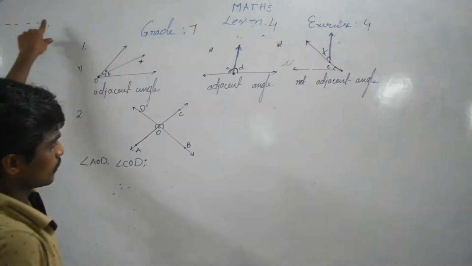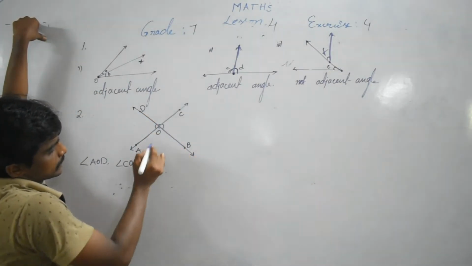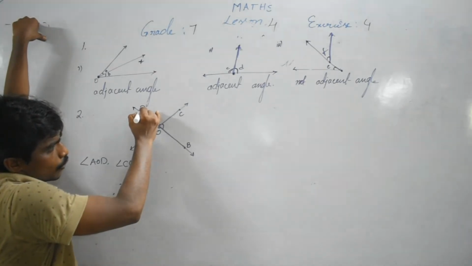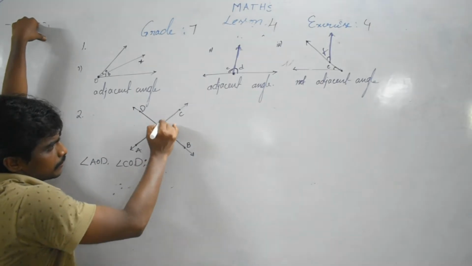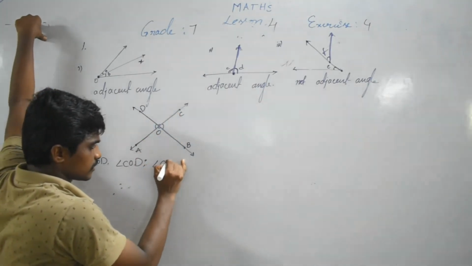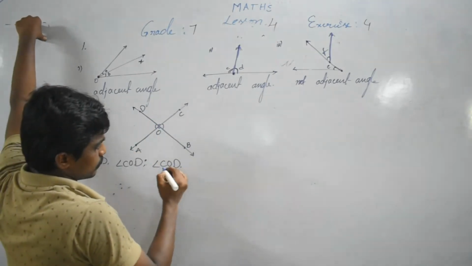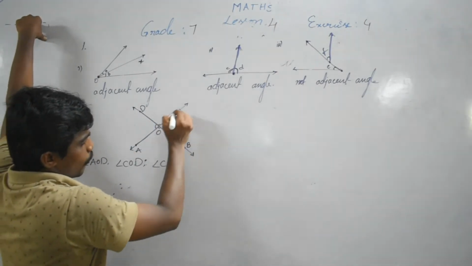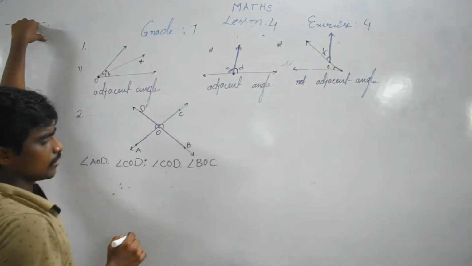Next one, angle ODC, DOC, angle COD, next angle BOC. This is one pair.